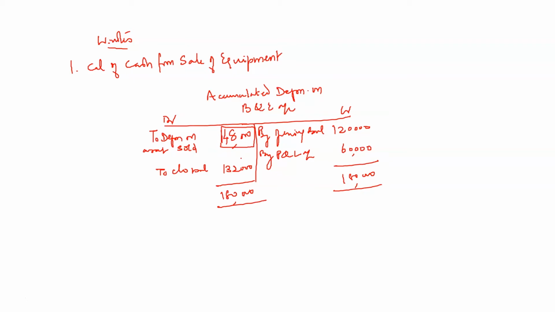This is an answer. So this is key information because we need to know the book value of assets sold. So using this information, we have to calculate cash from sale of equipment.